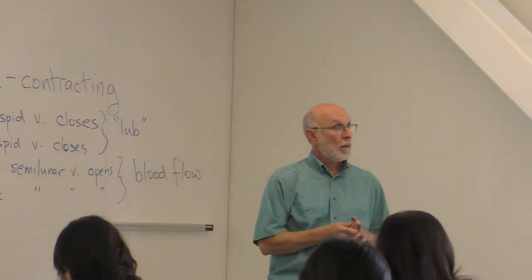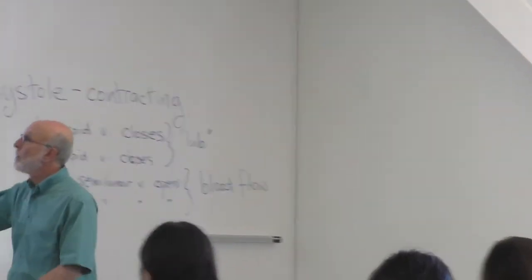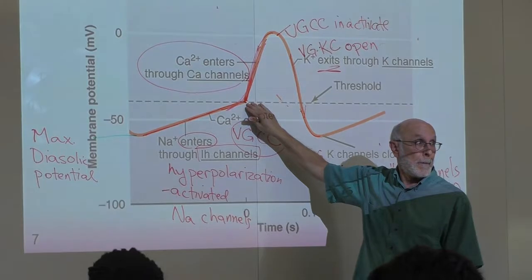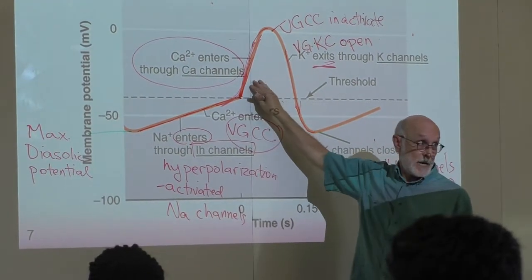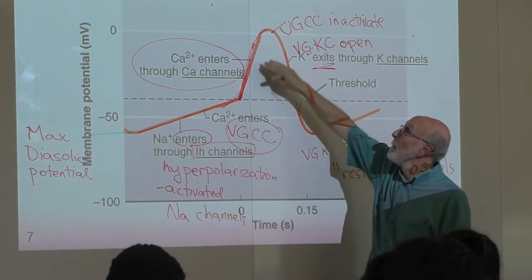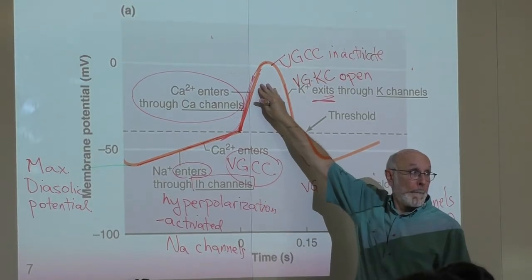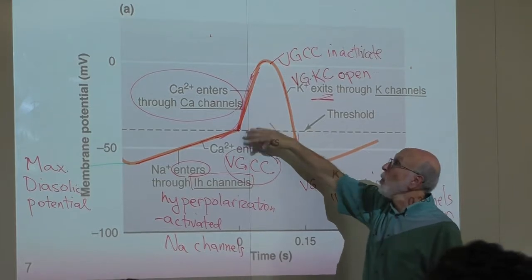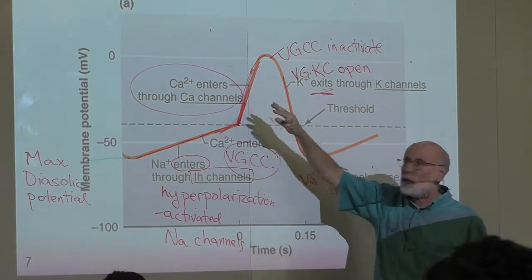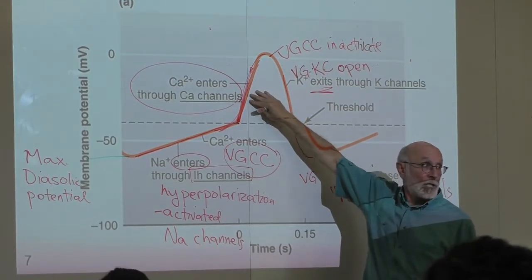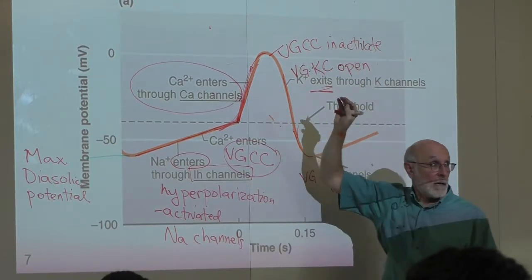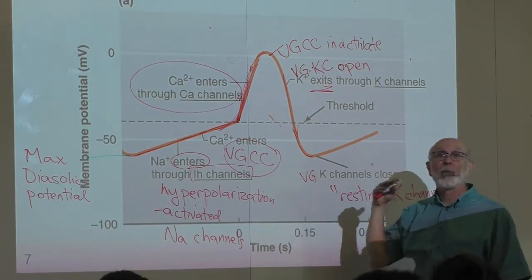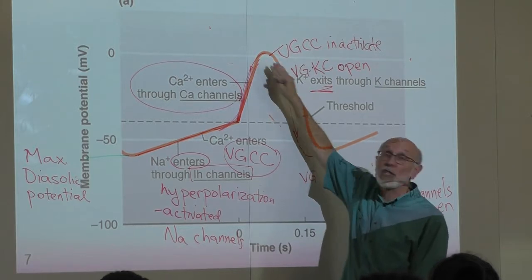Okay, just so I understand this correctly, you start with a slow depolarization, then it goes to a faster depolarization, and this is the action potential. Then you fire an action potential, then it starts to repolarize? Yes, so voltage-gated calcium channels that were open during the depolarization inactivate. Voltage-gated potassium channels that were opened by this large depolarization open.